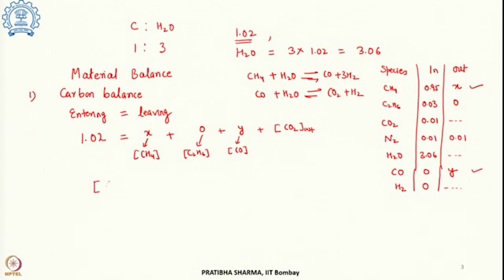The CO2 at the outlet can be represented as 1.02 minus X minus Y. So, this is one of the entries that we can fill here, 1.02 minus X minus Y. Now, the second material balance we will do will be for oxygen.